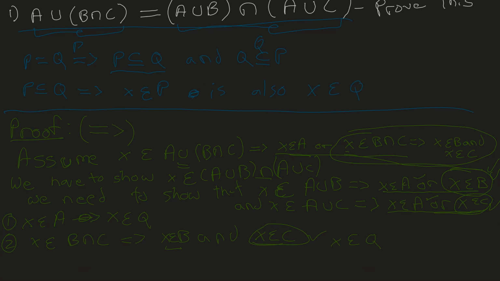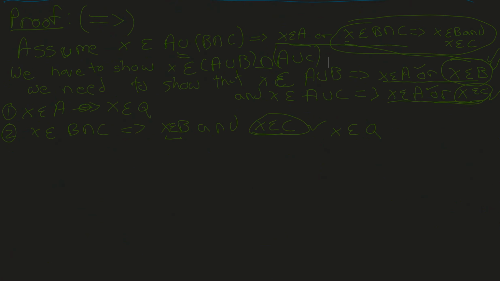Now let's do the second part of the proof, the reverse direction. This time we're assuming that x is a part of A union B intersected with A union C. Let's dissect what this really means, step by step.